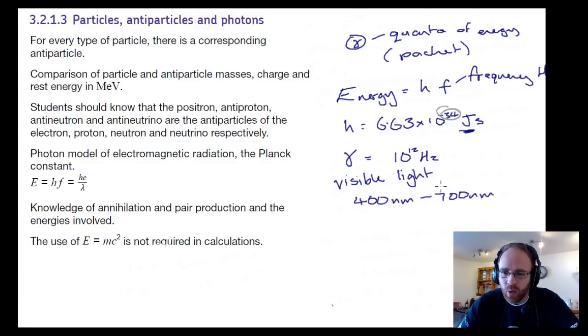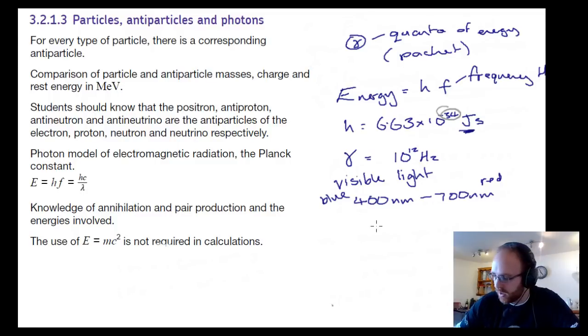If we remember that longer wavelengths have lower frequencies, and shorter wavelengths have higher frequencies, we can say that things with a shorter wavelength have higher energy, and things with a longer wavelength have lower energy. So red photons have less energy than blue photons.